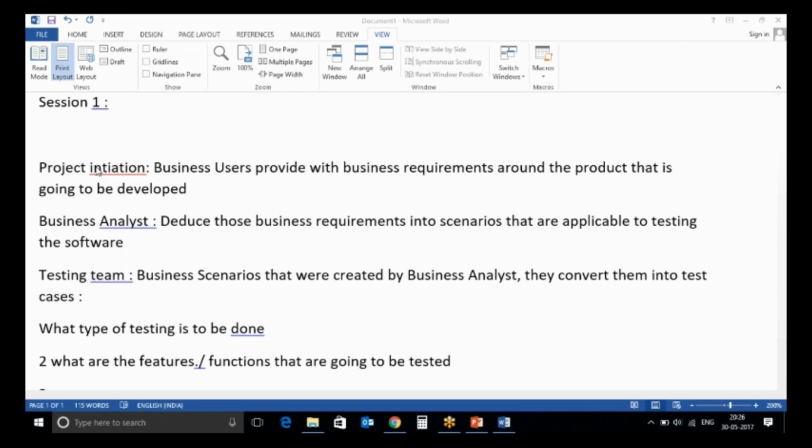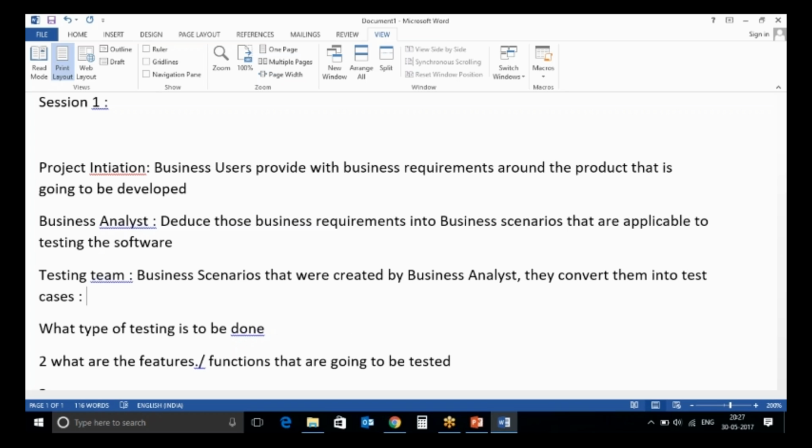So this is the project initiation. Then the business analyst comes in, deduces these business requirements, and converts them into business scenarios that are applicable to testing the software. Then the testing team comes in and converts these business scenarios into test cases.